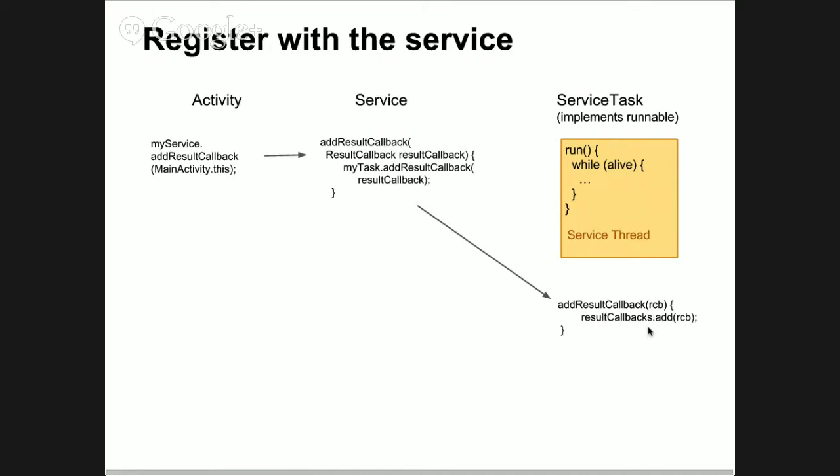Essentially, the service will keep a list of the people who want to listen to the updates. And we will define a method called add result callback, so that if you pass a callback, something that can be called back when there are results, the service will be able to notify you when there is new stuff for you.